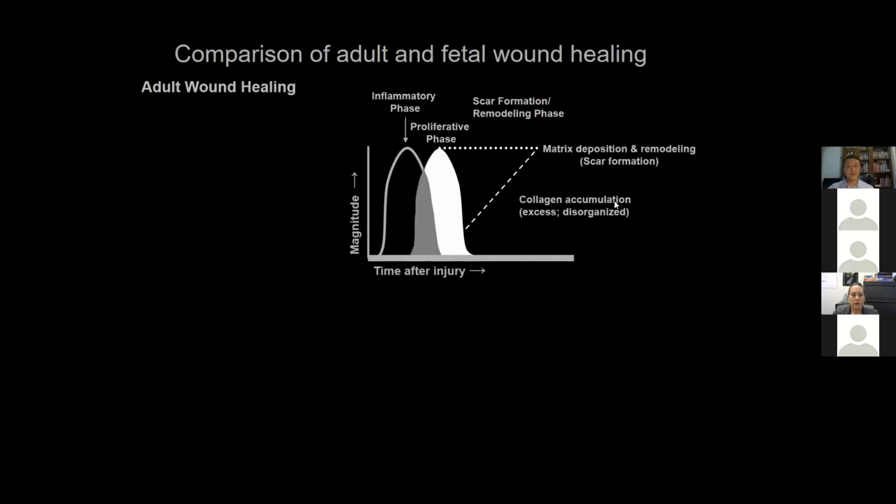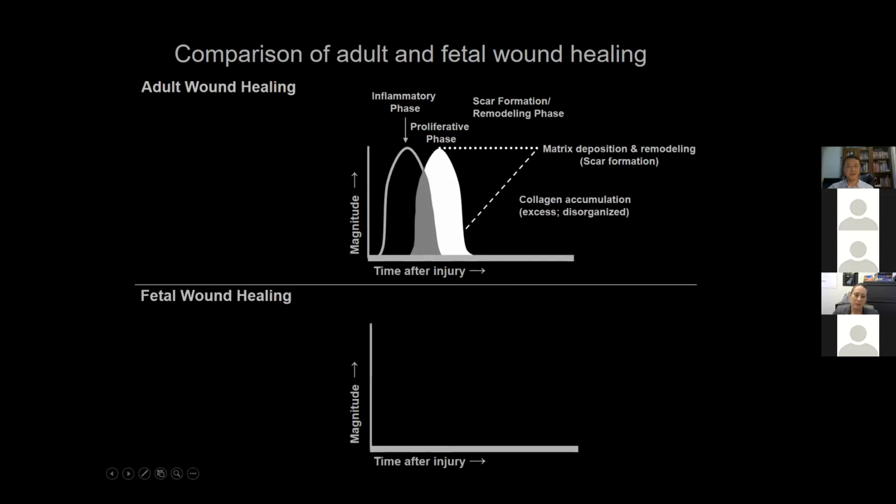So in comparison to the stages of healing that I just spoke about, what you would see in mature skin, where you have inflammation, proliferation, and scar formation, in the fetus, this process looks a little bit different. You really have no or very little inflammation. You have a modified proliferative phase, so the wounds heal much more quickly.